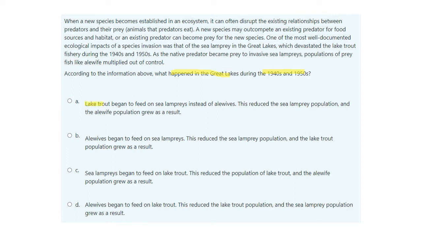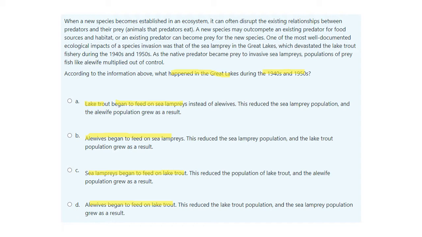B. The alewives began to feed on the sea lampreys. C. The sea lampreys began to feed on the lake trout. Or D. The alewives began to feed on the lake trout.